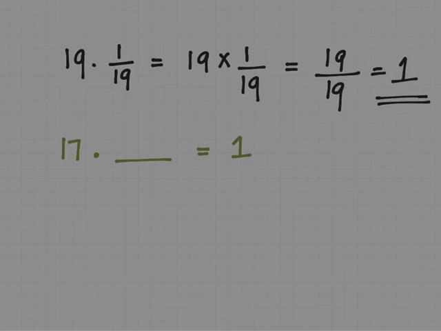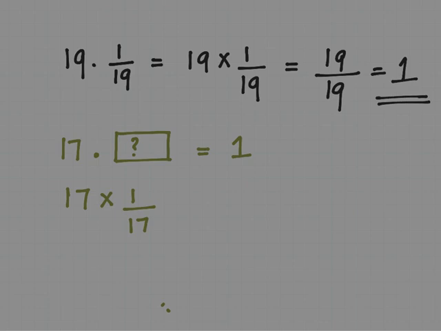So the next problem is 17 dot blank equals 1. You have to find what goes in this box. So 17 dot what equals 1. Let us think. So 17 dot can be written as times, it must be a fraction of the same number, right?